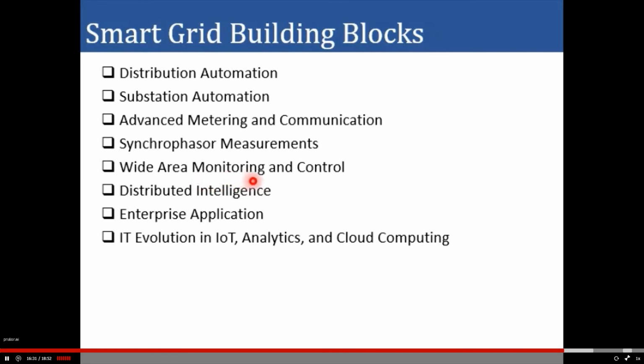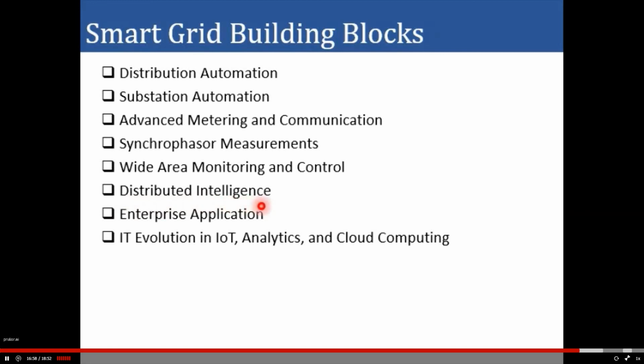That means that when the synchronized measurements are coming at the control center, the information will be time synchronized, and this will help in better analyzing the condition of the power system network. So these two things we will discuss along with the phasor measurement unit in the next few videos.